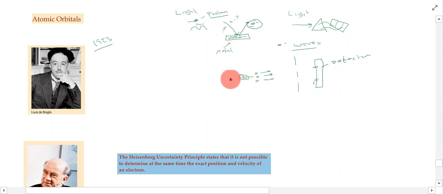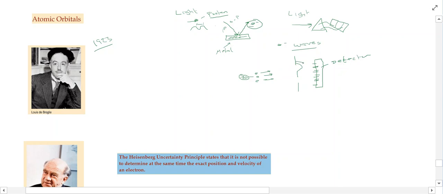What was actually found when they carried out this experiment was this kind of pattern. Instead of just having two lines here and here, you were getting lines here and here and here at different intensities. That proposes that when the electrons come to the slits, they were acting like a wave.